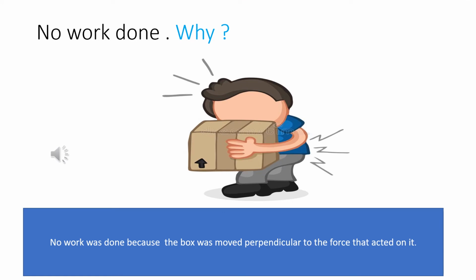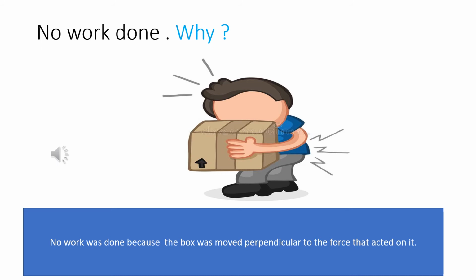So this is just an image to show you what happened to the boy in our previous slide. This boy is lifting the box. This is a box where books are, and he is carrying it from the ground up, maybe to his head, maybe along his chest. So the force is the boy himself, and how many newtons? 80.